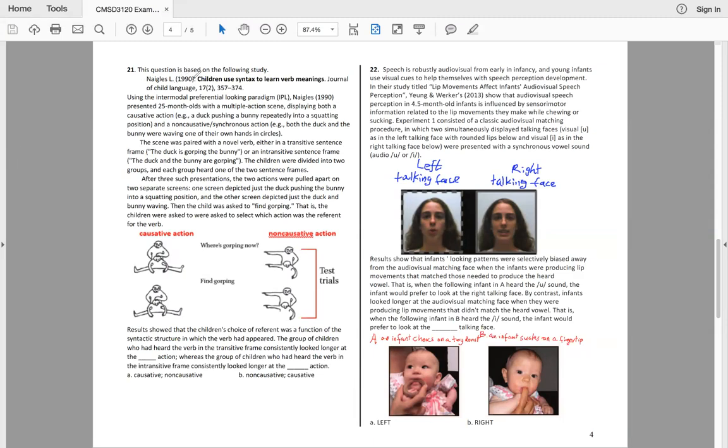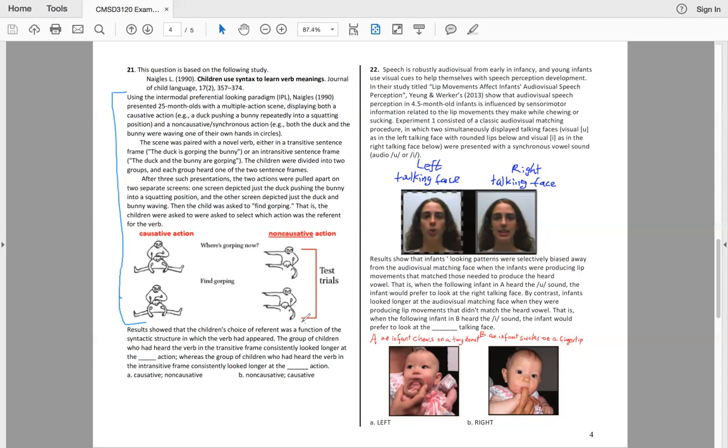Number 21. This question is based on the 1990 study, children use syntax in word learning. This is the essential part. If you look at the results, you may not need all this information, but let's see. Results showed that the children's choice of reference was a function of the syntactic structure in which the verb had appeared.